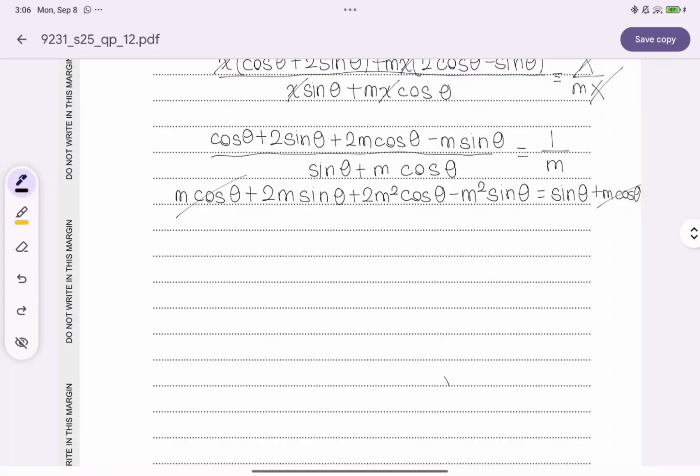So this would give us 2m squared cosine theta minus m squared sine theta plus 2m sine theta minus sine theta equals to 0.